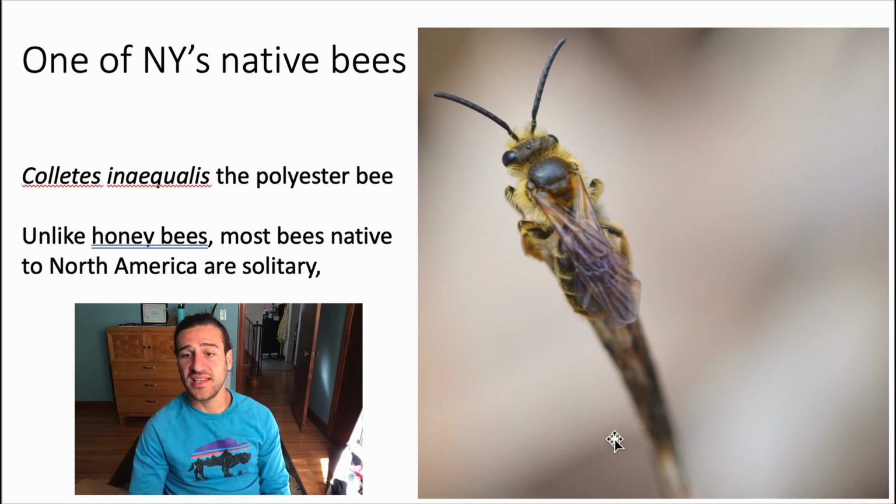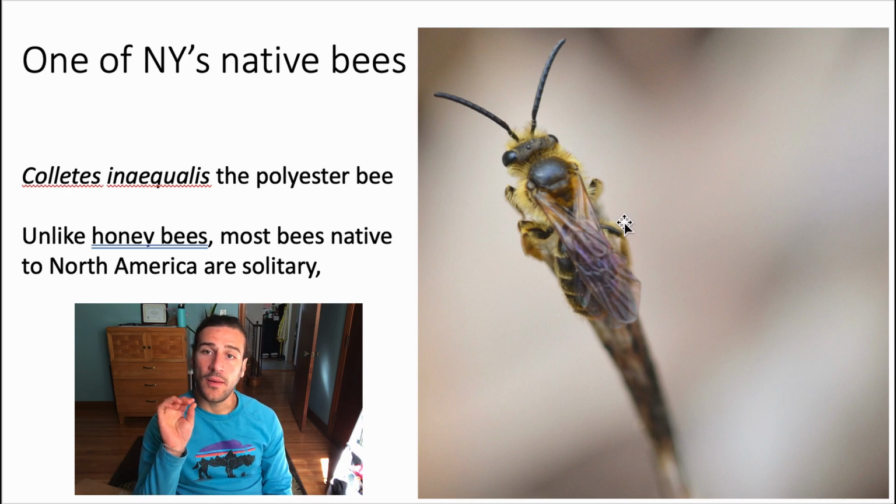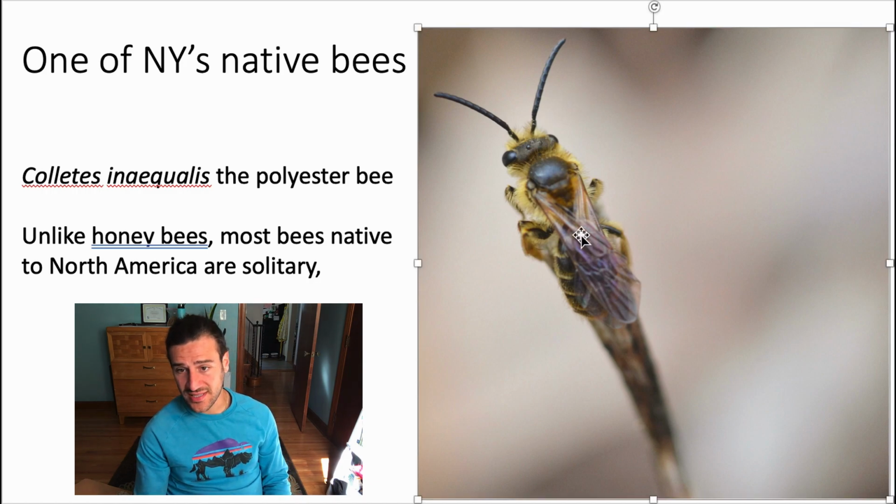These live a solitary life, and they're known as polyester bees because they synthesize a fiber that is very similar to polyester, and they make these polyester-like underground chambers to live in. So this is what a native bee looks like.